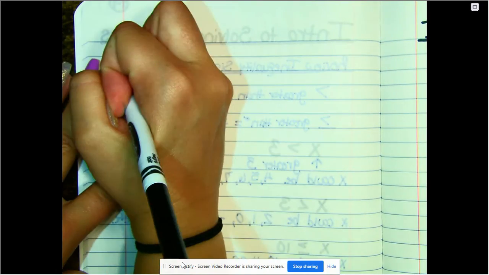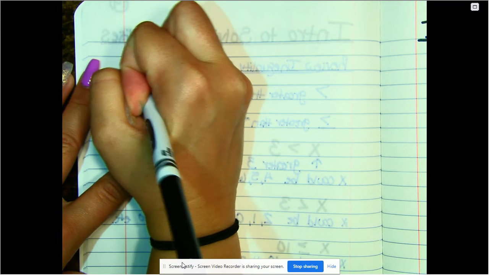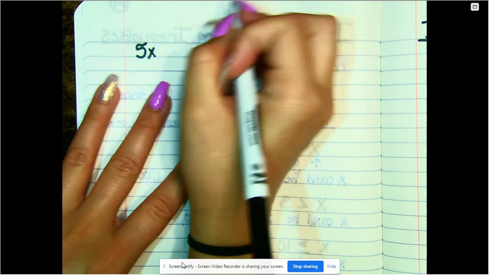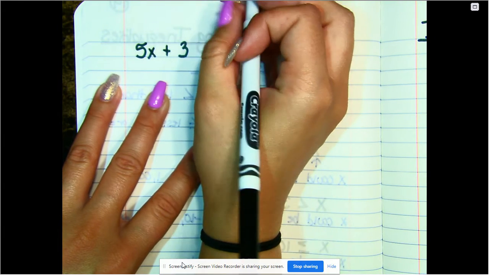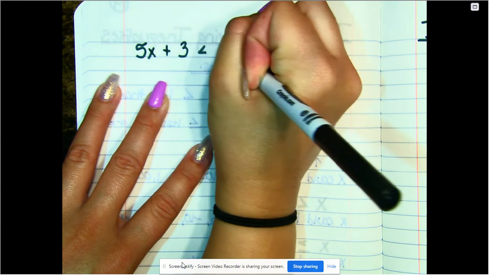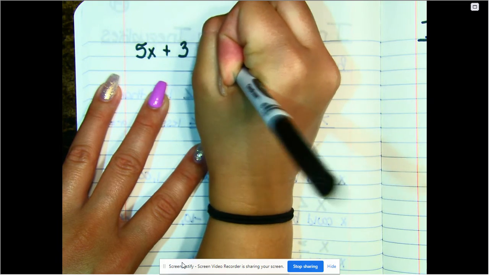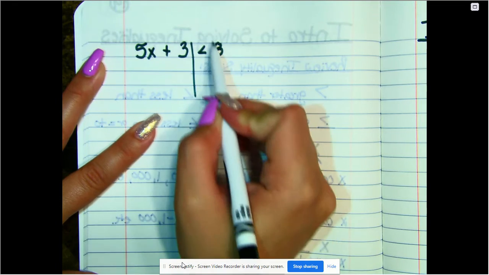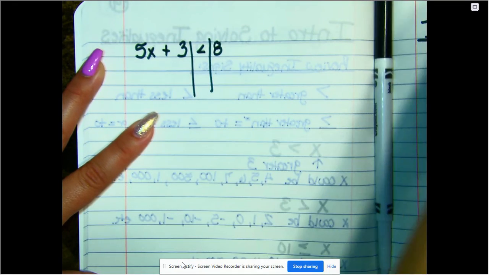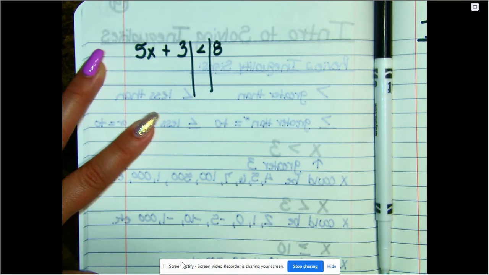The first one that we're going to solve is very similar to a two-step equation, but I'm going to put the inequality sign in. Same concept: I'm going to put the barrier around my inequality sign, and we're still doing our inverse operations.